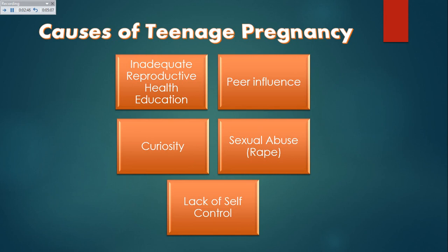The final cause of teenage pregnancy is where the girl or the teenagers do not have the ability to control their sexual urges. That is where they lack self-control.